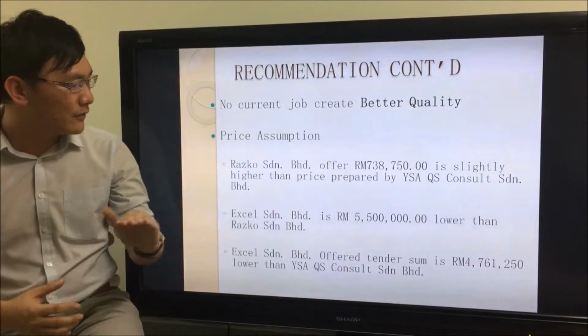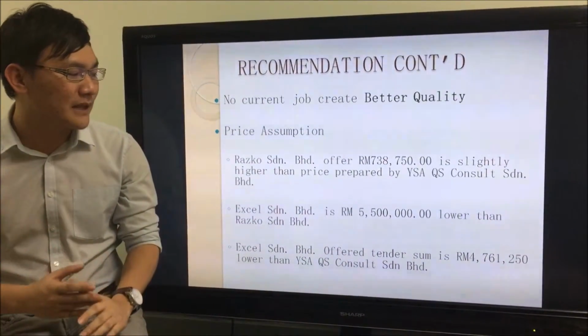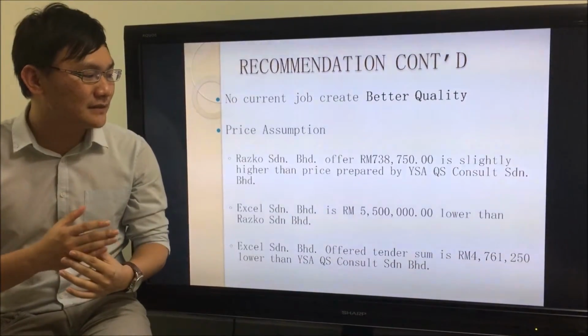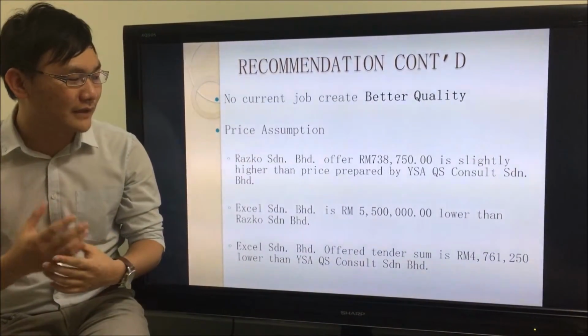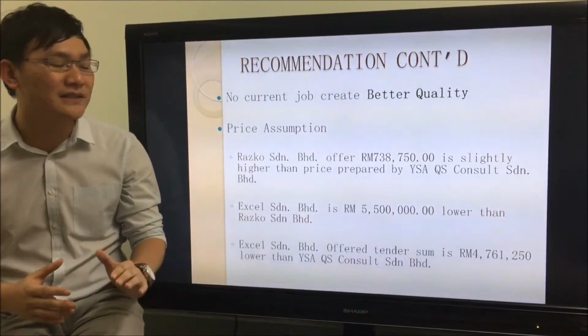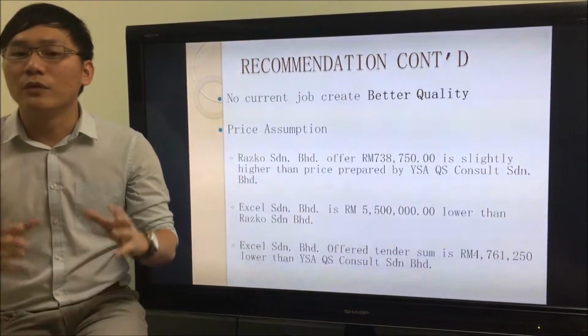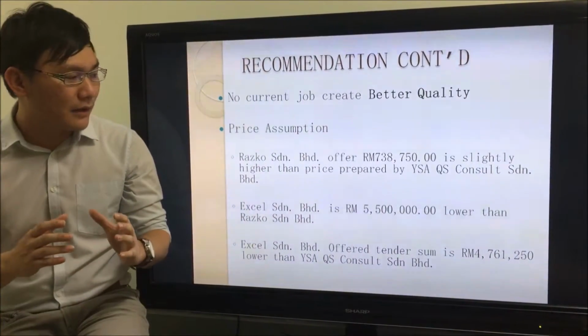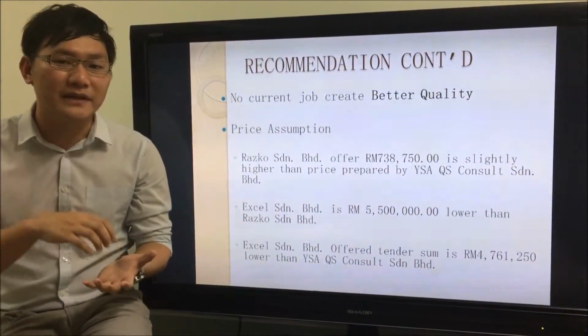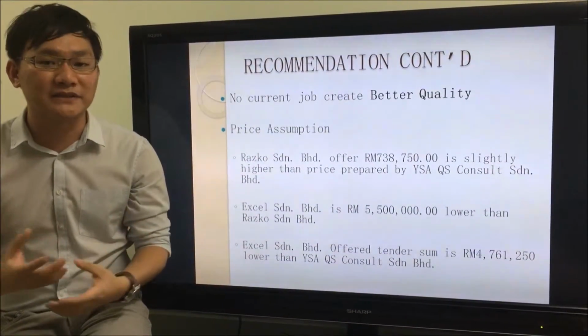And now I will talk about the price assumptions. Raksos Sendirian Berhad offers 738,000 ringgit, which is slightly higher than the price prepared by YSA QS Consult Sendirian Berhad, which means this sum is higher than the client's expected budget.